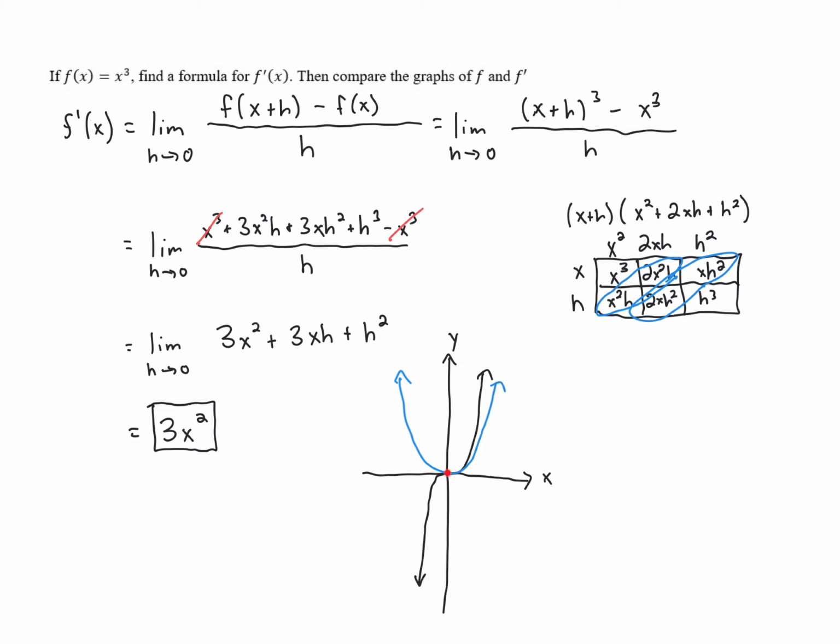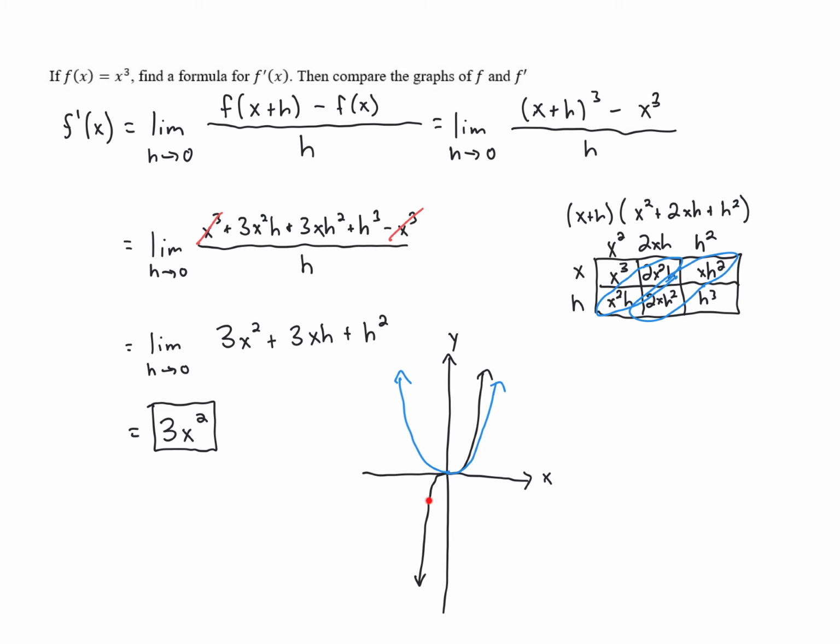Now, our function has a horizontal tangent line at 0. That means the slope of the tangent line is 0 there, which means the derivative is 0. And then if we look at our function on the left-hand side, it still is increasing from left to right. That means all of the tangent lines are going to have positive slope, and that's why the derivative is above the x-axis, because it's positive here.